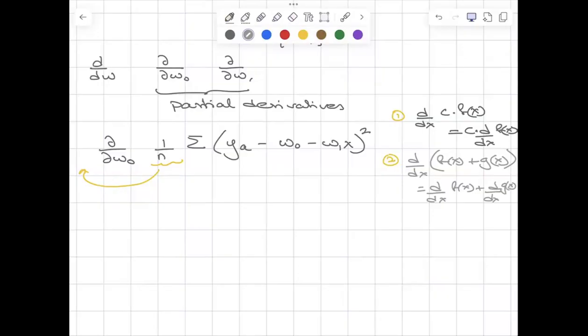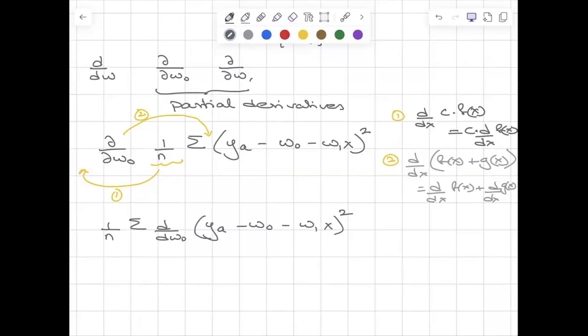Right? Or in other words, the derivative of a sum is the sum of the derivatives, which means that I can actually move this derivative inside the summation. Right? So this is 1 and this is 2. Okay, so what do I get? I get 1 upon n summation d by dx (ya minus w naught minus w1 x) whole squared. And I just realized this is not x, this is w naught.